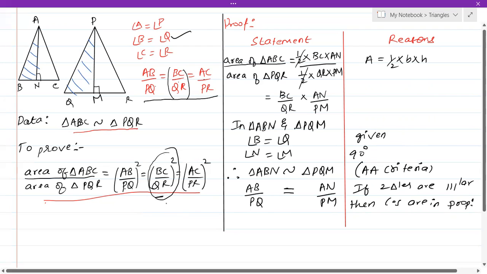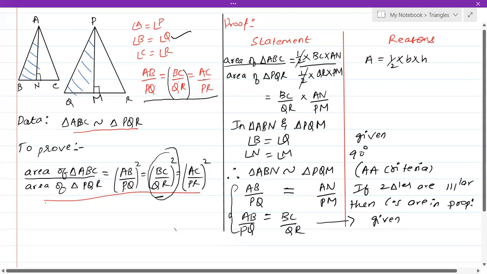Now, we already know from the given data that AB by PQ is already equal to BC by QR, isn't it? This is from given. Now, if you observe here, both the LHSs are same.